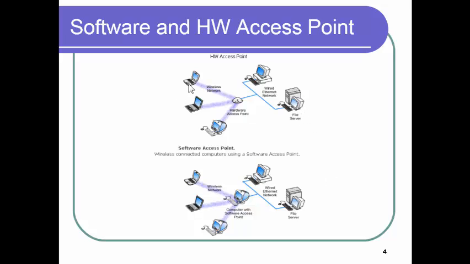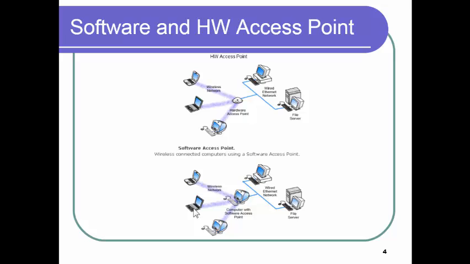In these two figures, suppose this laptop wants to communicate with the file server. At that time first it will send the request signal to the hardware access point, and this access point will communicate with the server which is connected in the Ethernet or LAN. The same scenario is observed in a software access point based wireless local area network.